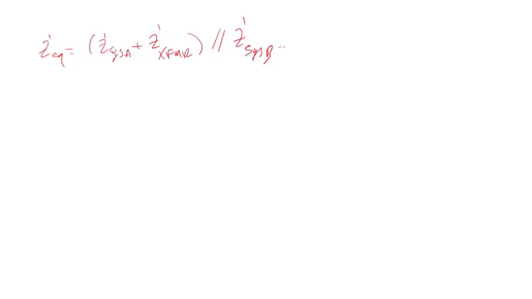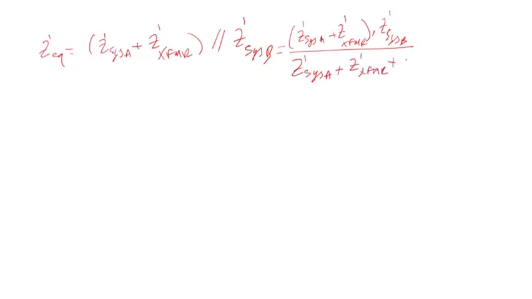From circuit analysis, this is the product of the two impedances, (Z1 system A + Z1 transformer) times Z1 of system B, divided by the sum, (Z1 system A + Z1 transformer) plus Z1 system B.